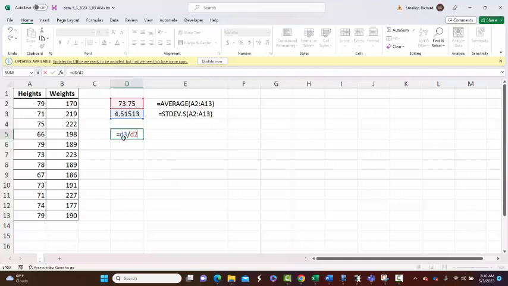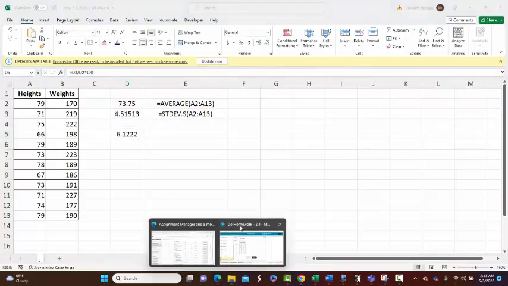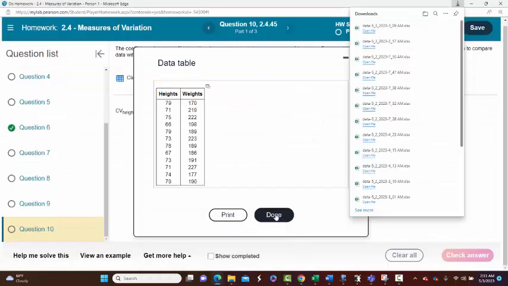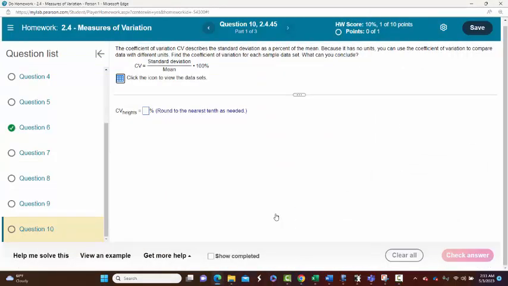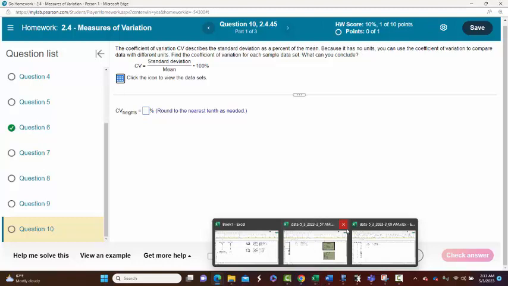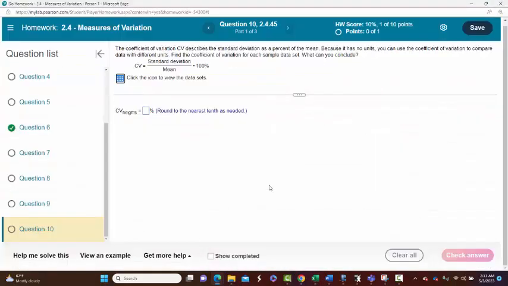Now you could format this as a percentage if you want to, but I would just put times 100, and that way it's already in percent. But you could format the cell to be. All right, so there it is. Now let's not get tricked by the rounding. To the nearest tenth, I believe it was 6.12, so 6.1.